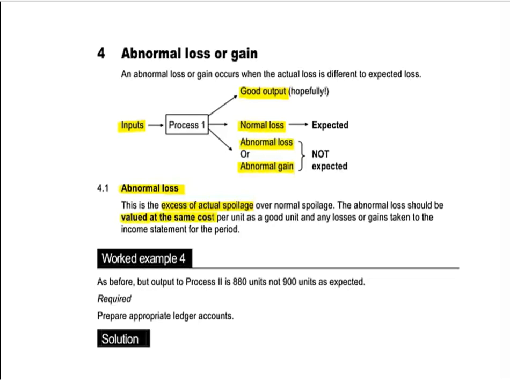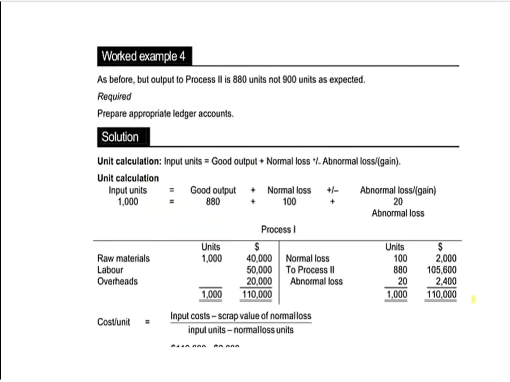And it's the company's misfortune, so any abnormal loss is taken as a hit to the income statement for that period under the assumption that it's a one-off. In worked example 4 then, we're going to see what happens when output is actually 880 rather than the 900 units that was expected.